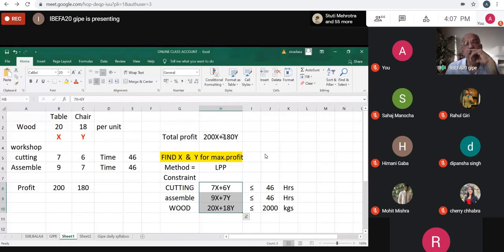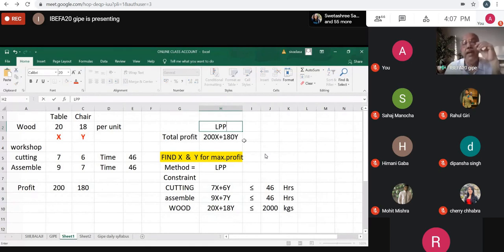This is called LPP, linear programming problem. Solve it by using Excel.